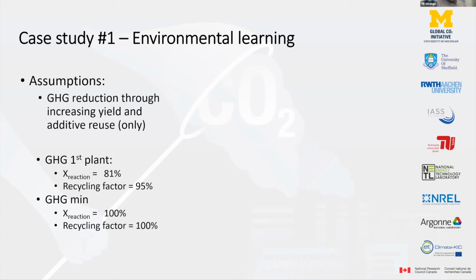So we started with the first-of-a-kind plant, with the assumptions that we took from literature that are currently used, and then said, okay, we apply this learning until we reach our floor, which has to be where we have 100% reaction yield and a recycling factor of 100%, because more is not possible. Next slide, please.